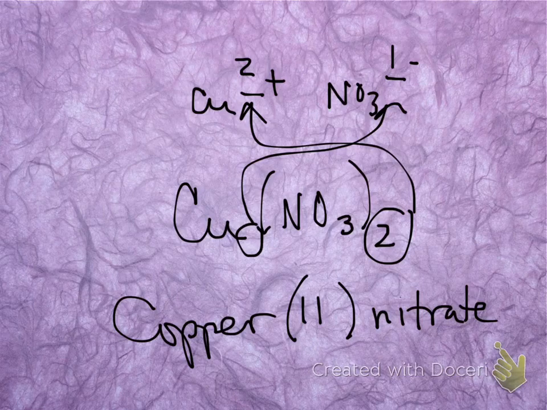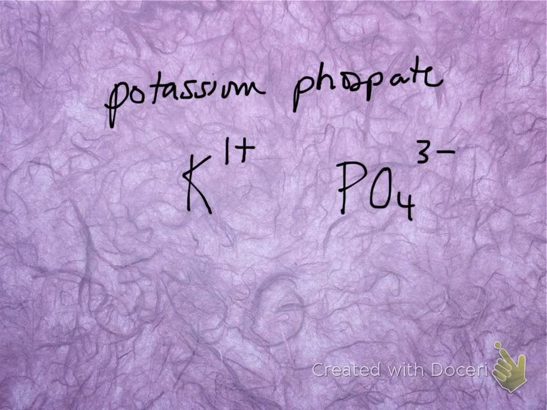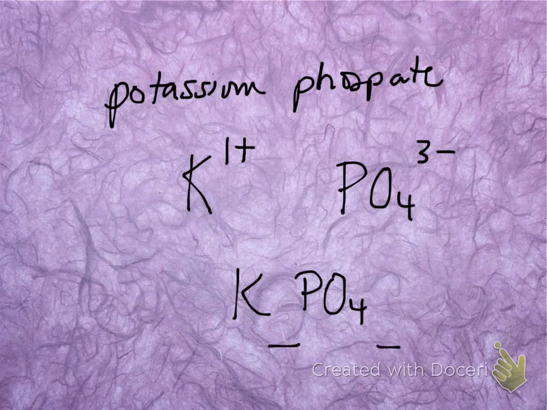Let's go ahead and do some formula writing. So let's start off with potassium phosphate. The first thing, anytime that we are going from names to formulas, write down your ions. So we've got potassium is K1+, phosphate is PO4 3-, and now we're going to put those together with room for a subscript. 3.